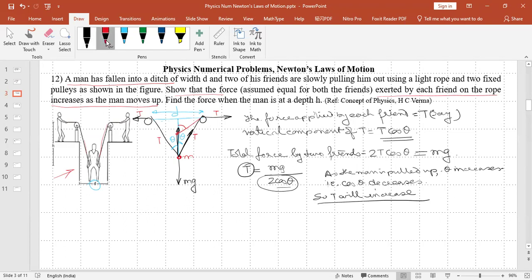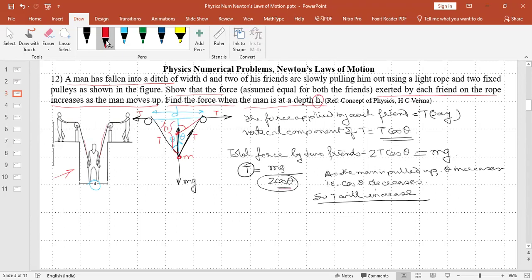Now there is a second question here. Find the force when the man is at a depth of h. So let us consider this is the depth h. We have to find out the force. So force is known, we only have to find cos theta in terms of h.